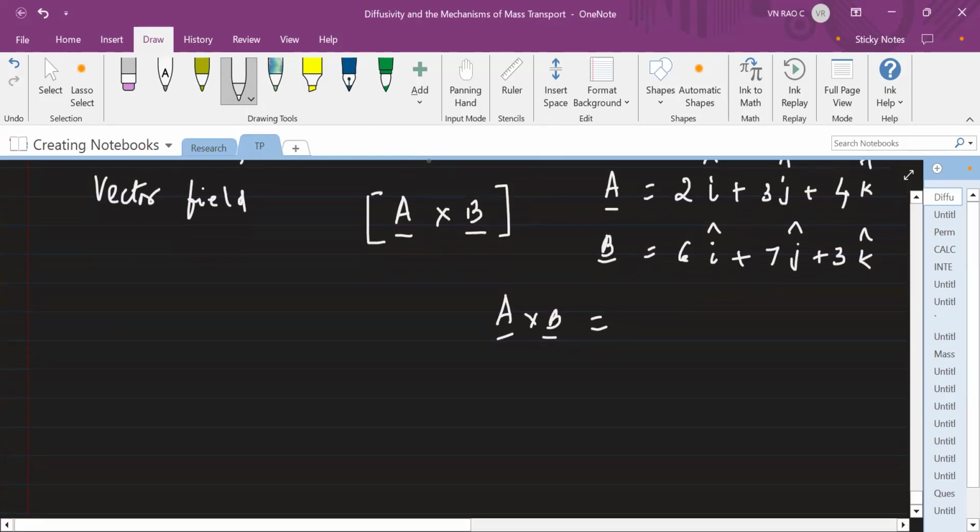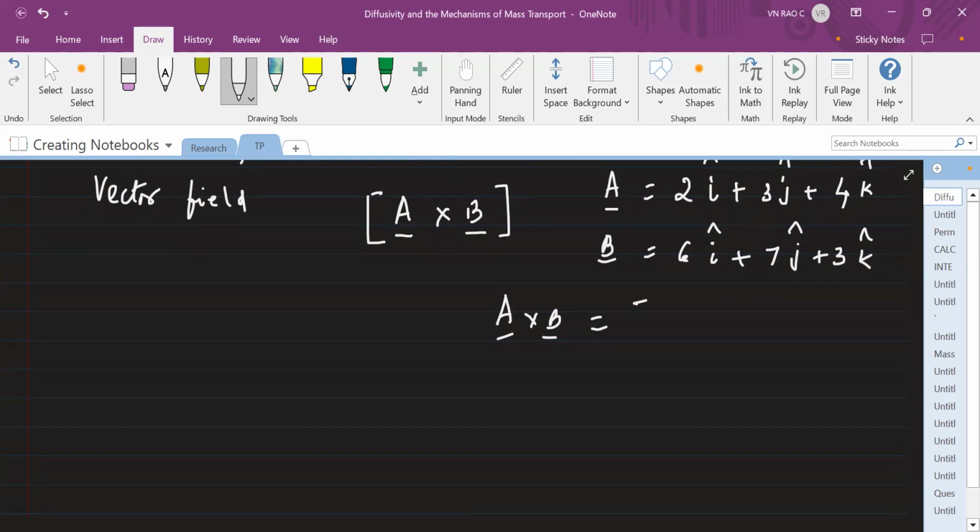When I say it is a cross product, we take the simple determinant. So how do I write the determinant? Let us see the determinant portion of this.